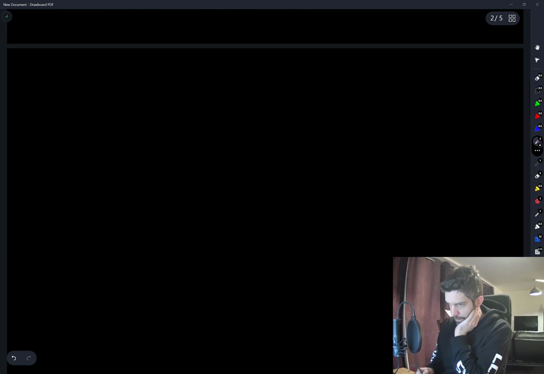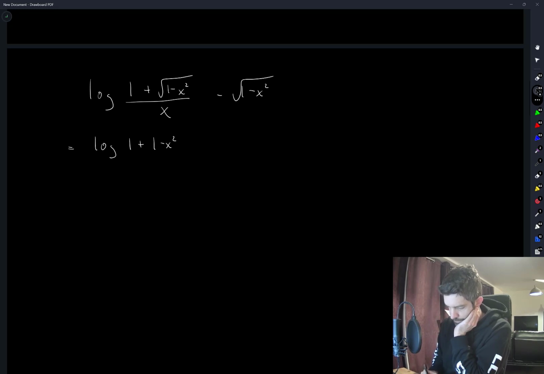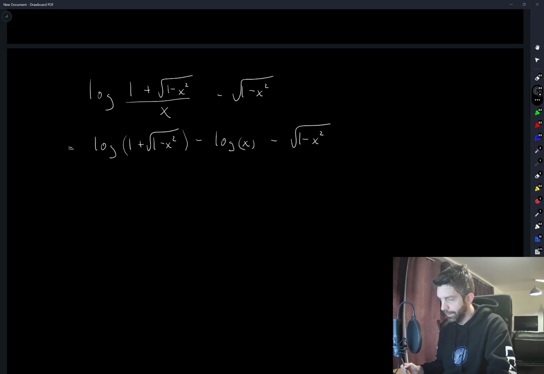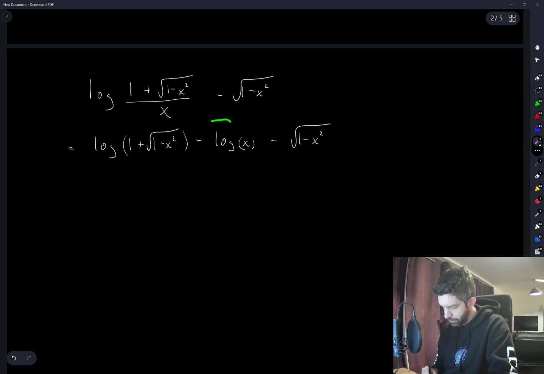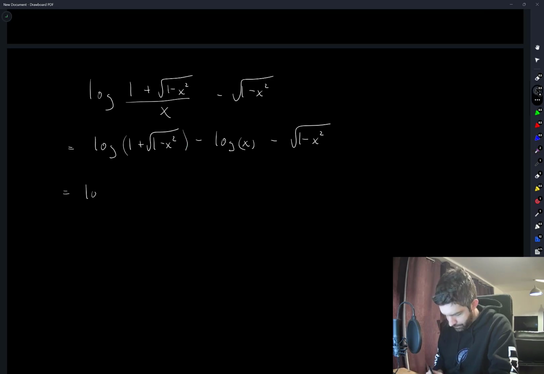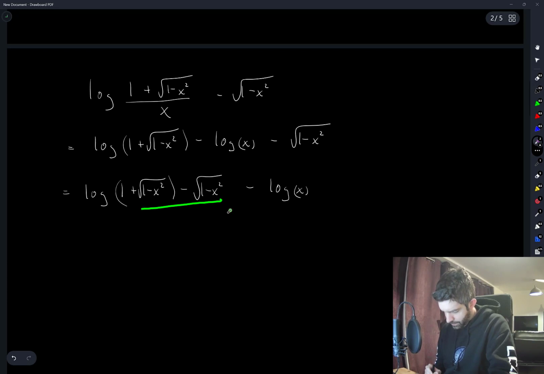Or another way of writing this, because x is between 0 and 1, this will be positive. How does this compare to log x?